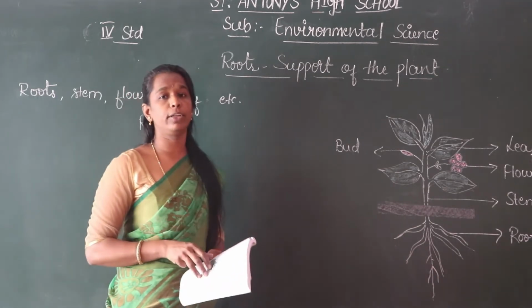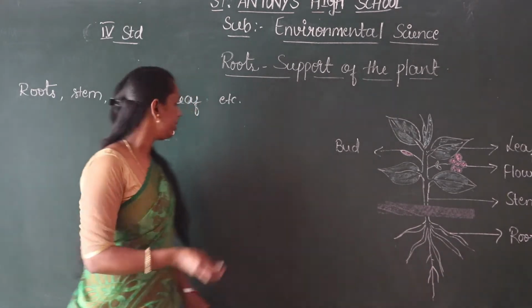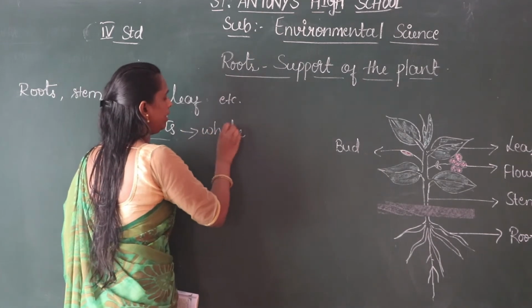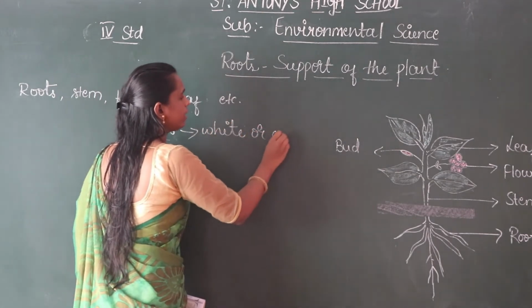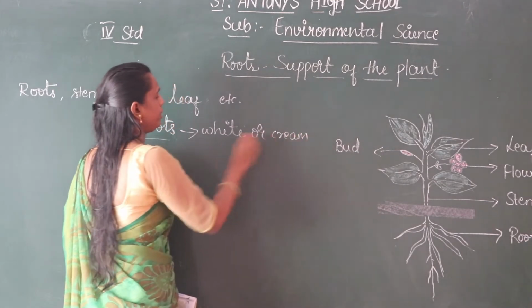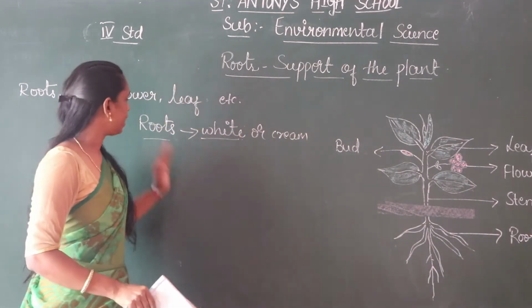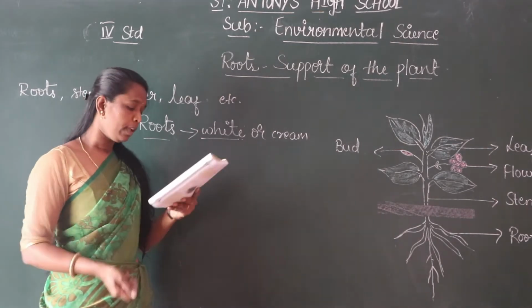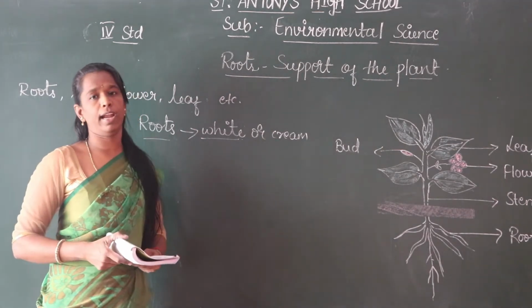So, what is the color of the root? The color of the root is usually white, or it may be light green. Usually we see the color of the root is white. Okay, children? Have you seen the roots of the plant?